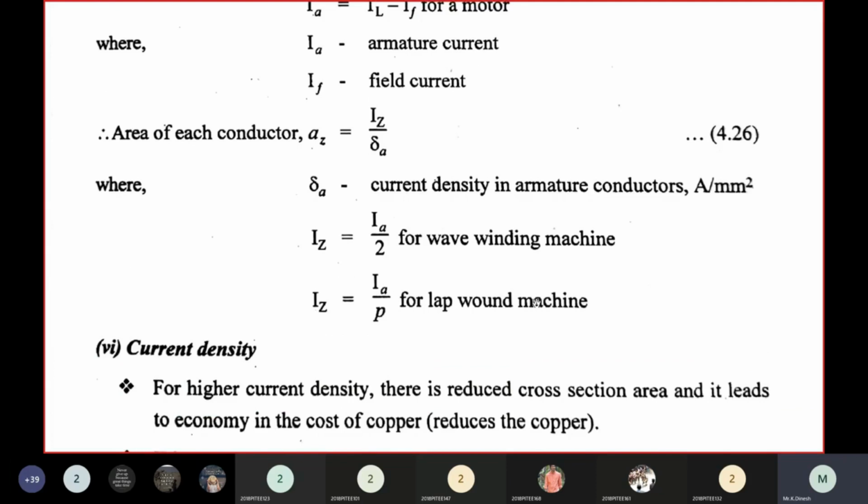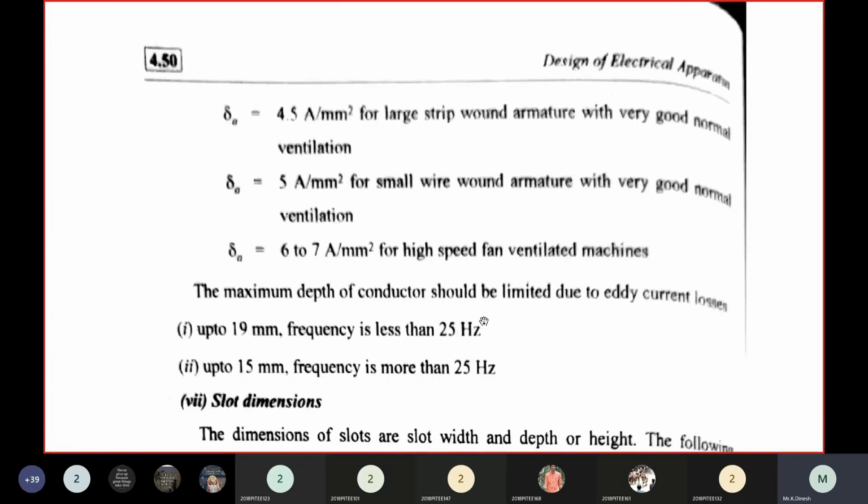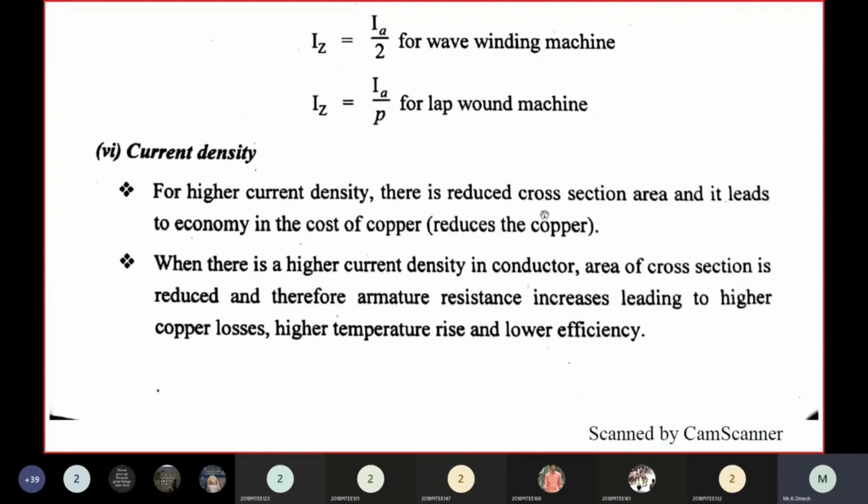The sixth factor is current density. Its main purpose is to reduce the cross-section area, which leads to economy in the cost of copper. However, high current density in a conductor leads to higher copper losses, higher temperature rise, and lower efficiency.